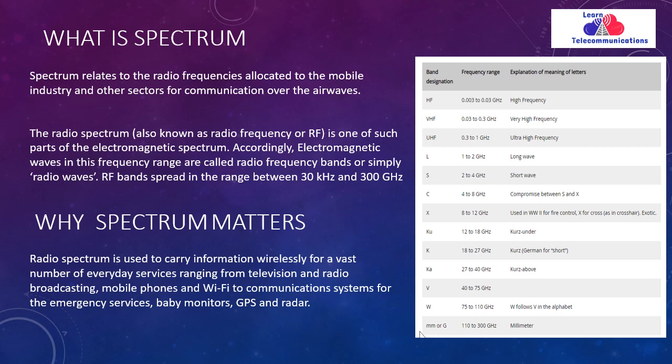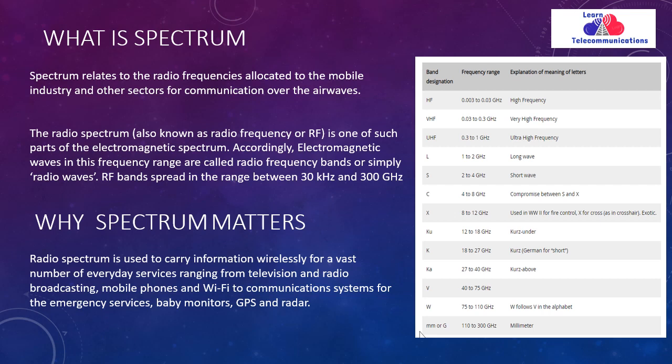Some of you might be aware that the frequency range of these electromagnetic waves goes from 30 kilohertz to 300 gigahertz. This range is split into various ranges, starting from high frequency to very high frequency, ultra high frequency, and long wave, short wave.